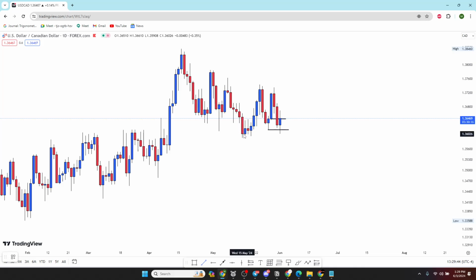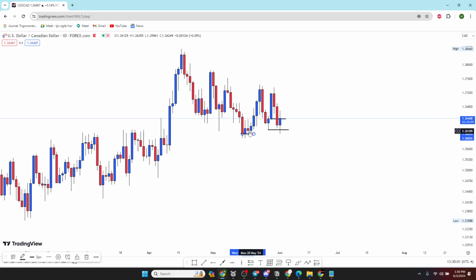If you look at the body at the bottom, they're relatively equal. So when price trades down into this rejection block, that's a move, and we trade away from it.